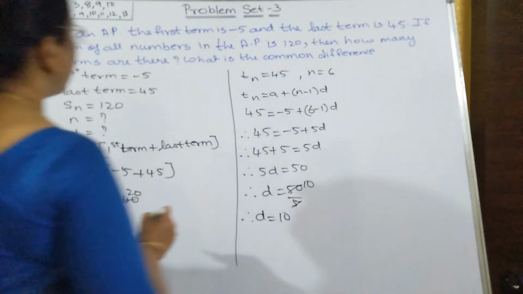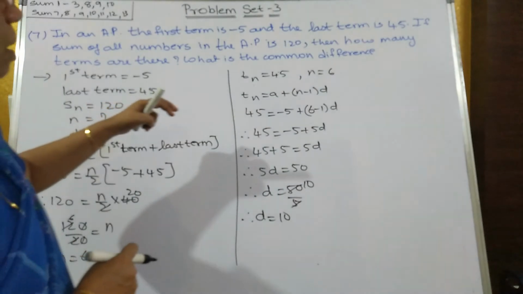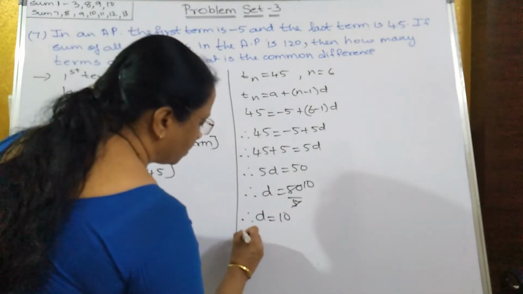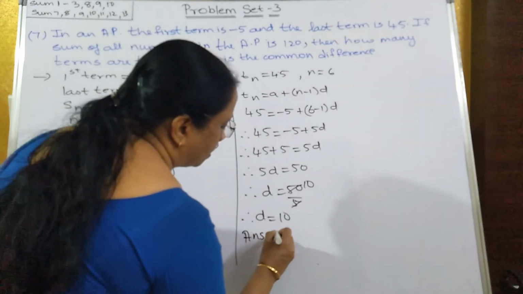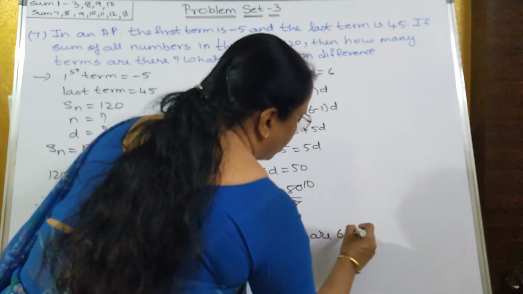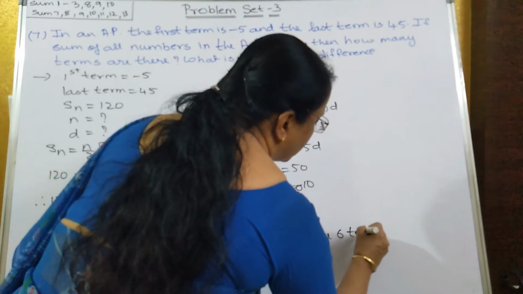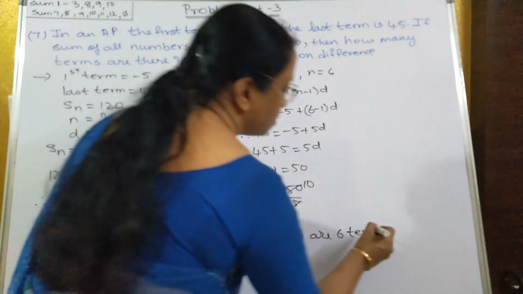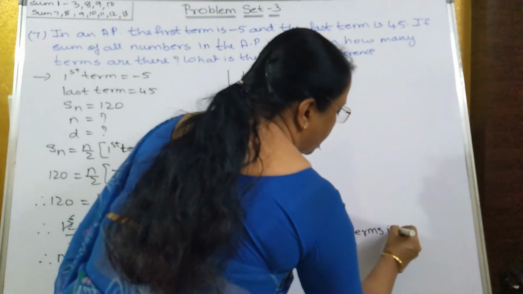So what's the answer? There are 6 terms in this AP. We had already got 6 terms in the first part. N is equal to 6. So there are 6 terms in this AP.